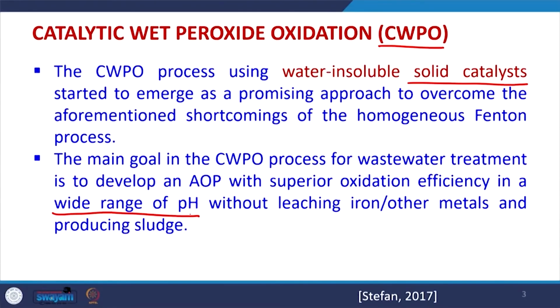This is possible without leaching of iron or any other metal or producing sludge. So, we benefit in all three aspects by using this technique, and it may also have superior oxidation efficiency. This is possible depending upon the type of wastewater we are treating and the type of catalyst that we are using.